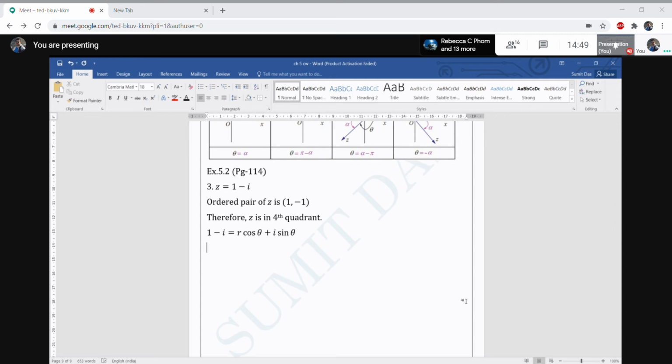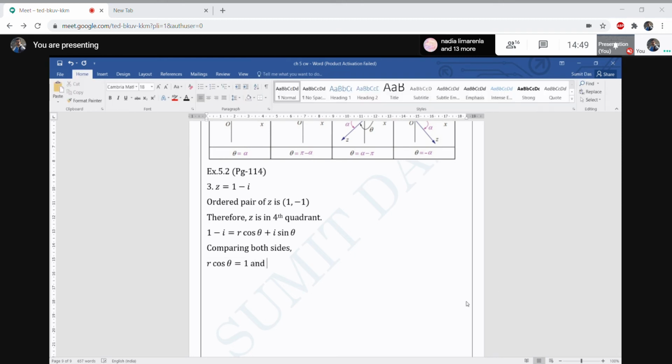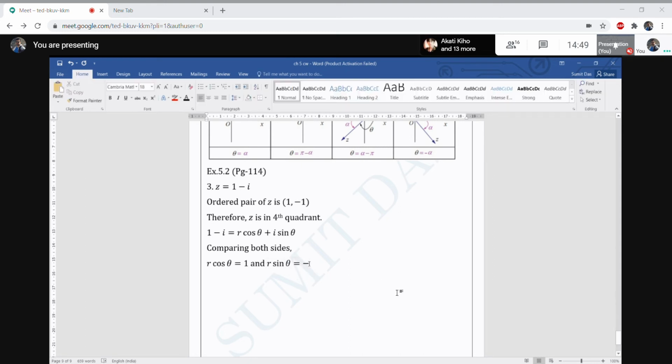Comparing both sides, we can write r cos theta equal to 1, and r sin theta equal to minus 1.